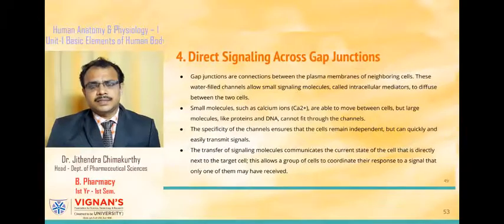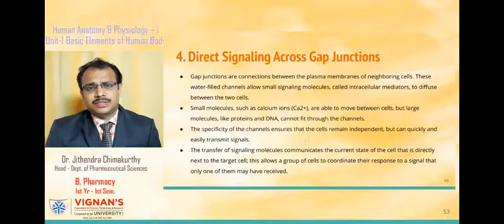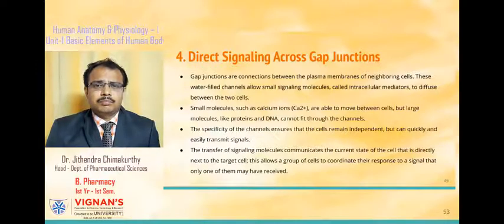The other type of signaling is direct signaling, which is signaling between the cells directly through gap junctions. Here the transmission of signals occurs between the cells through connexon protein pores.